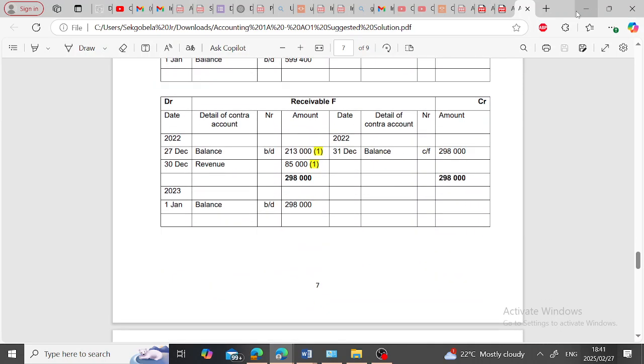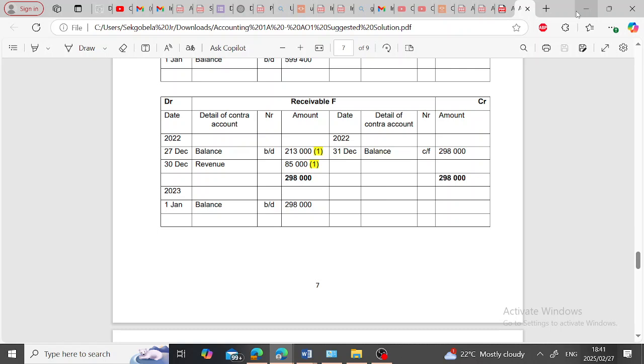You see here, this is not a temporary account, this is a permanent account. A permanent account can be carried forward. Incomes and expenses are temporary, and then permanent are liabilities and assets. So here our balance was 230 plus our revenue of 85,000.